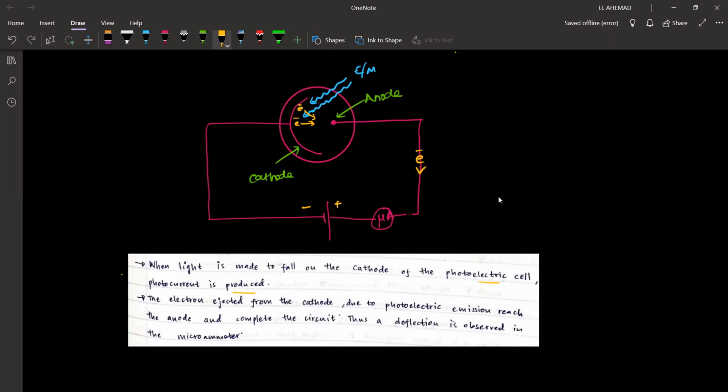When electrons flow, that means we have current in the opposite direction, and that current we call the photocurrent, because this current is produced when light is incident on this surface. Once you have completed, let me know.